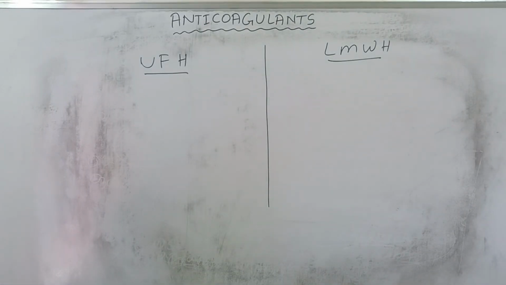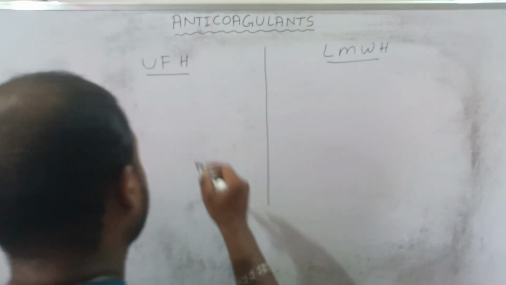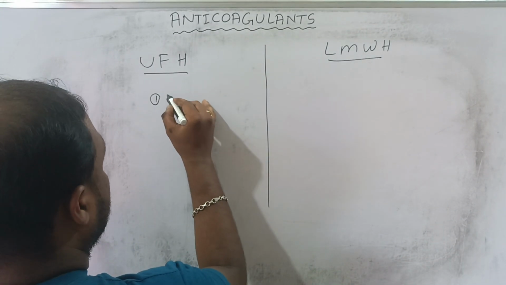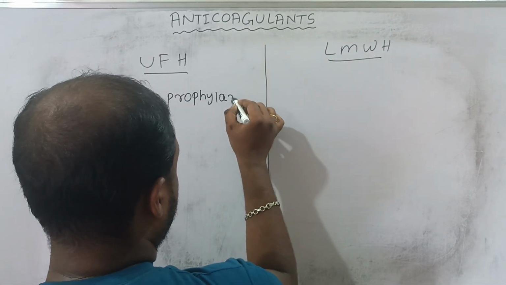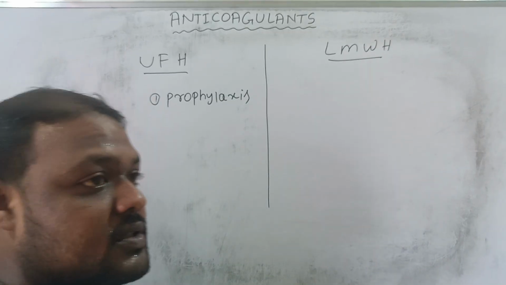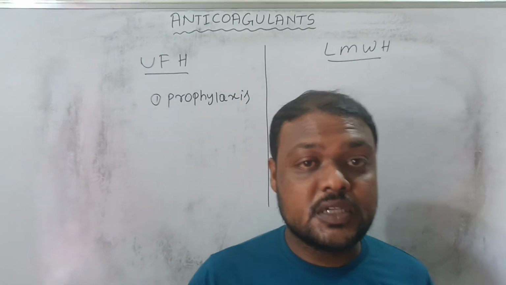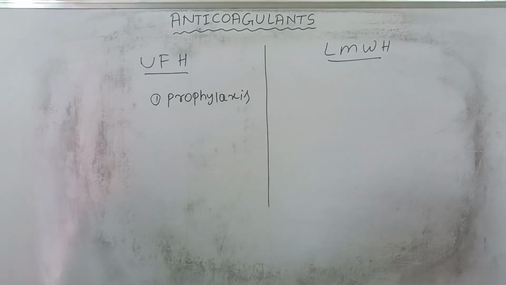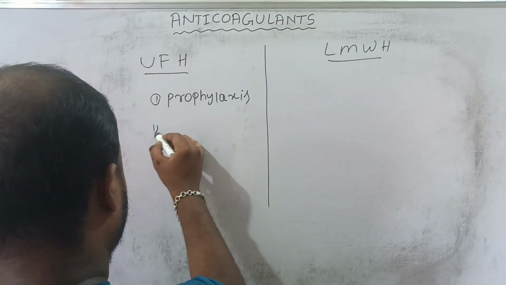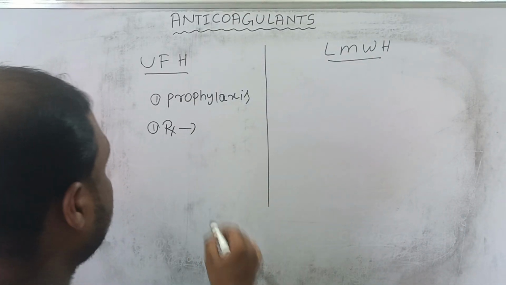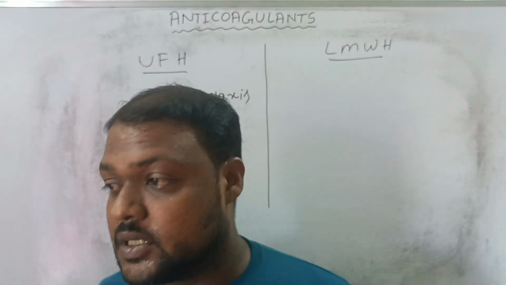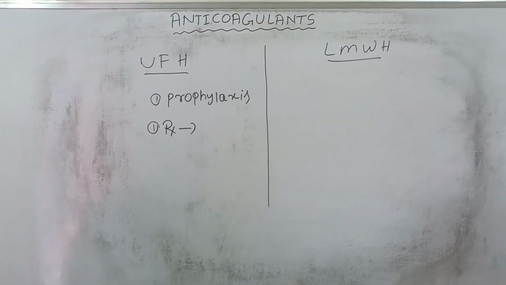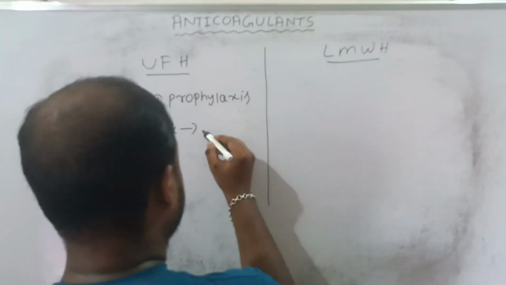UFH first is used as prophylaxis. The UFH is used as prophylaxis, and the treatment of catheter induced thrombosis.